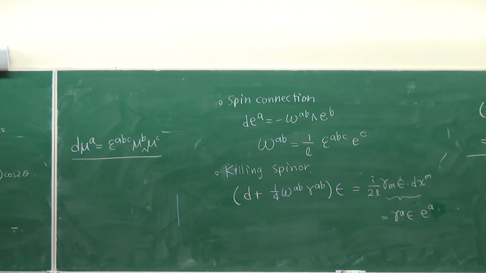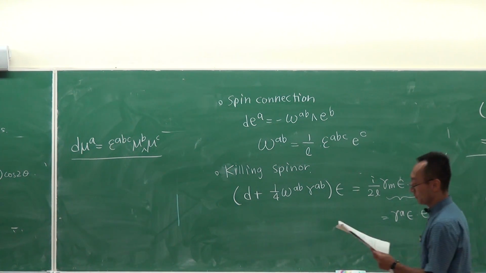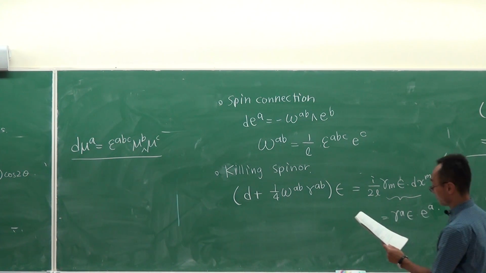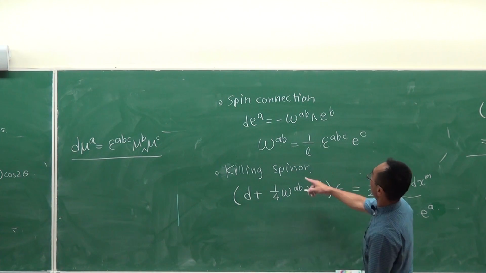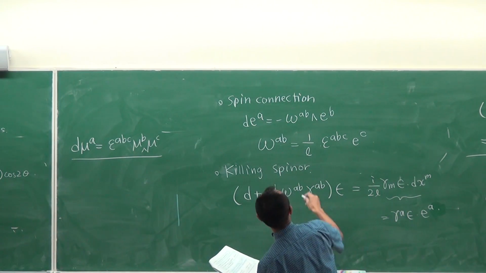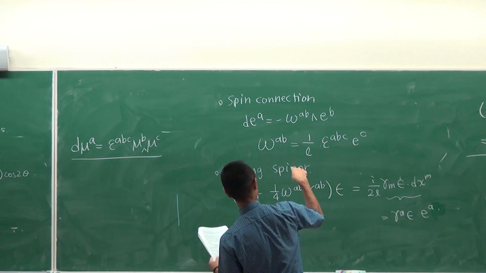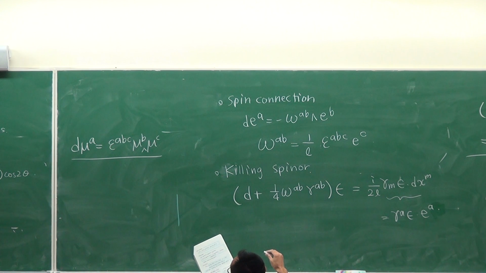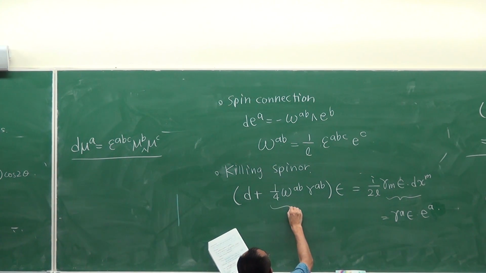So this is the Killing spinor equation, and what does the solution look like? We have found the expression for the spin connection, so let's insert this expression here.